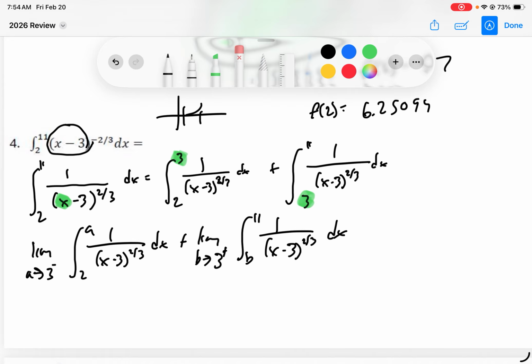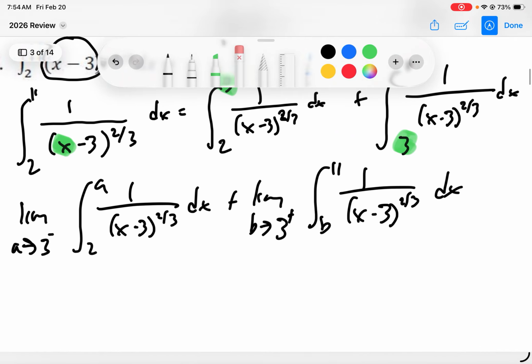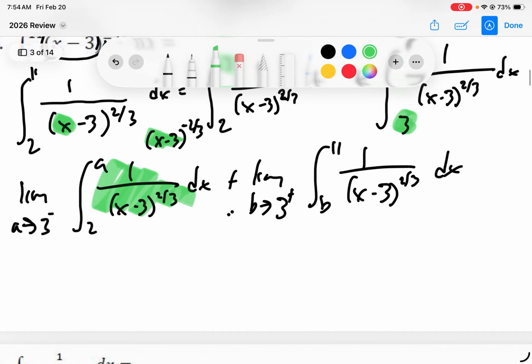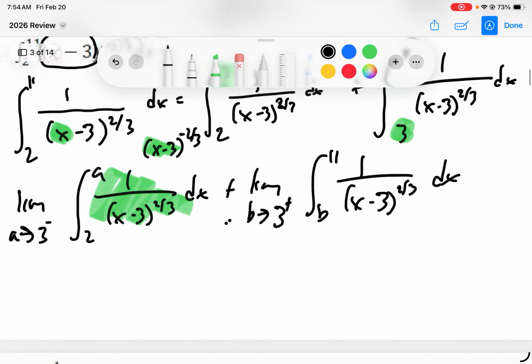All right, so now we find the antiderivative. The antiderivative of this, I might turn it back into (x minus 3) to the negative 2/3 and just reverse power rule. u is x minus 3, but du is just 1. So it's a u-sub problem, but not really, that's an easy one. So add 1 to the exponent.